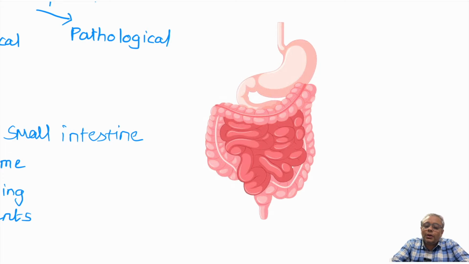So the point is that when you take the drug orally, the time required for gastric emptying, meaning the time in which the drug from the stomach reaches the small intestine, okay, that time is very important.